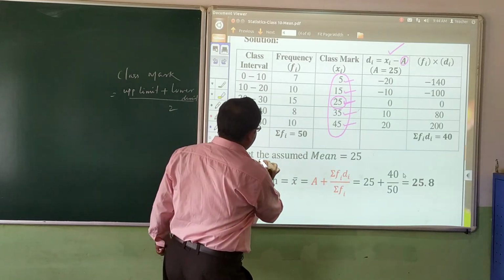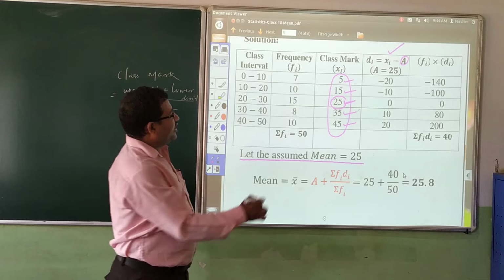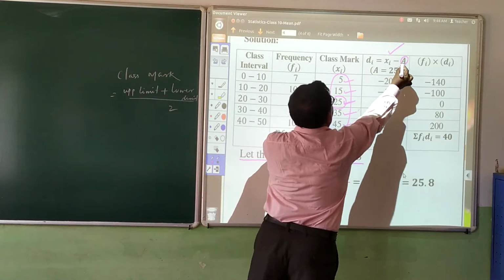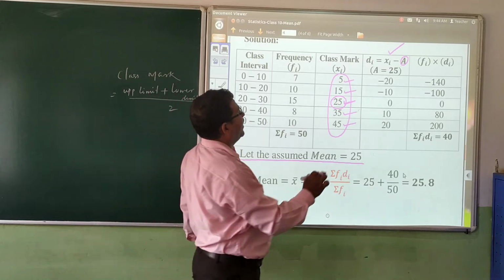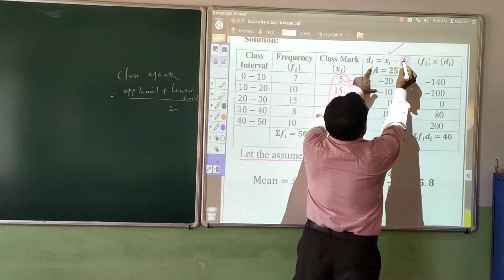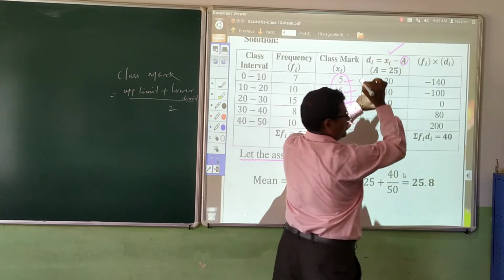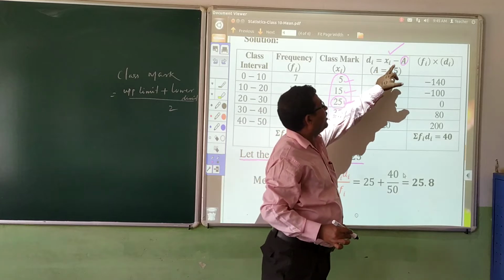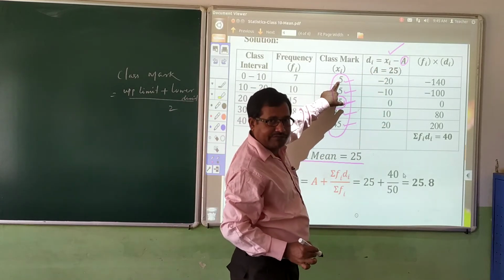I will write here, let the assumed mean equal to 25. This assumed mean will be abbreviated as A. And di will be calculated by subtracting the assumed mean from the class mark. That means xi minus A. What is xi? xi equal to 5.